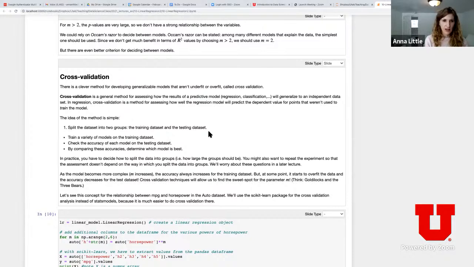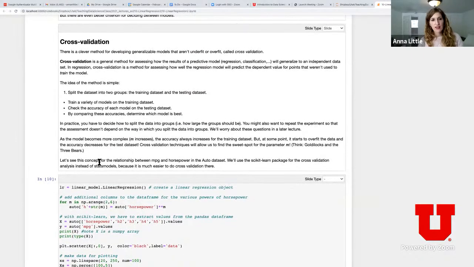You could try exponential, do all kinds of fun things, fit as many as you want on the training data set, then test the accuracy of each one on the testing data set, and compare the accuracies on the testing data set to determine which is best. Because that's really what you care about. You really don't care about its performance on the training data set. You only care about its performance on the testing data set.